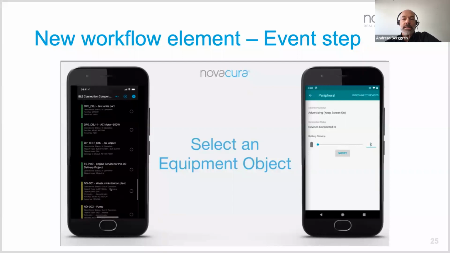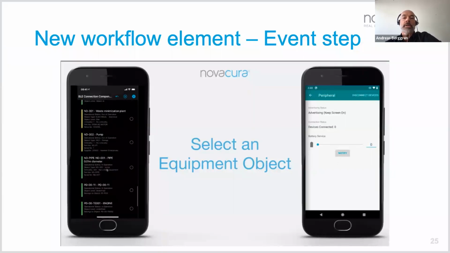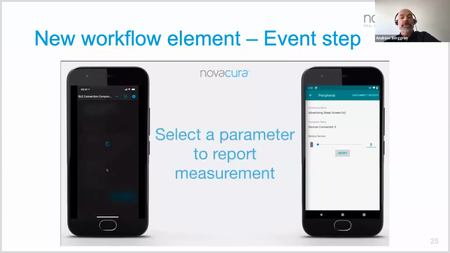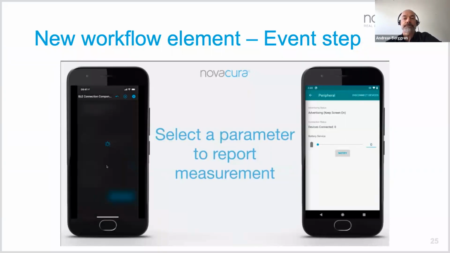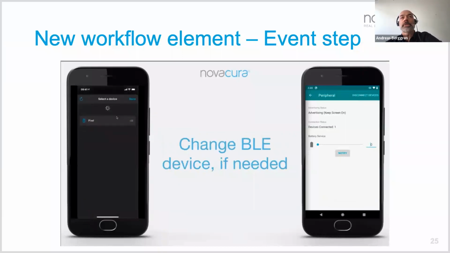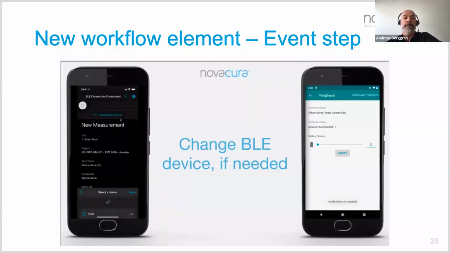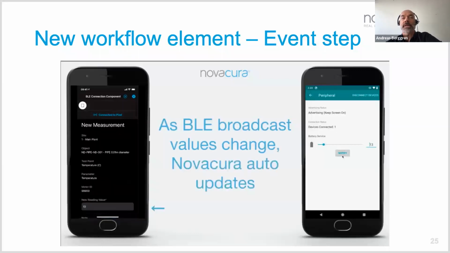So in this case, we select an equipment object, and then we can set the parameter to report the measure on, for example, the temperature. And then we connect to the Bluetooth device. And the user will see the values from the device.